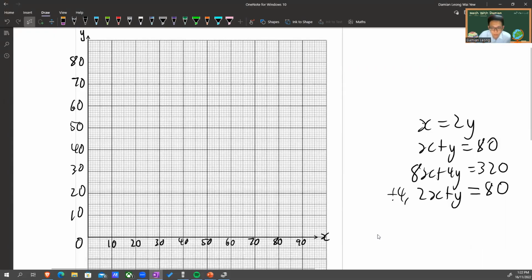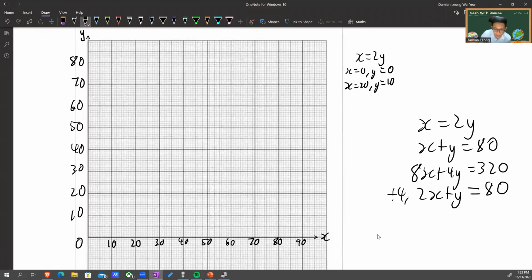X equals 2y means when X is 0, Y is 0. If I put X as 20, then 20 divided by 2 is 10. Just find 2 points: 0, 0, and if X is 20, then Y is 10.